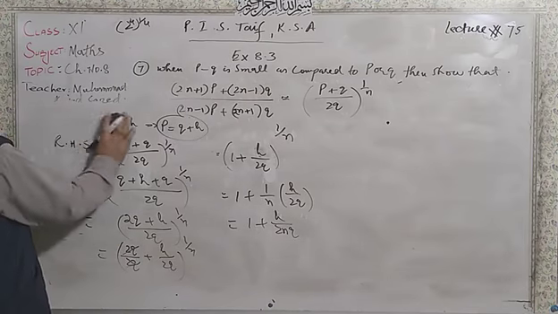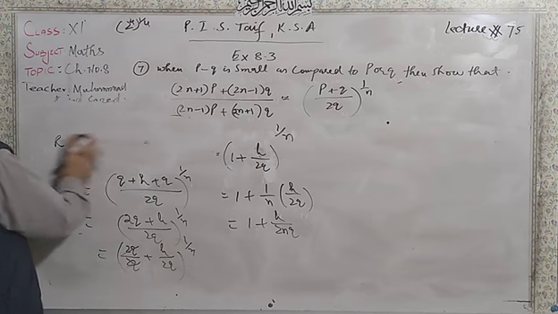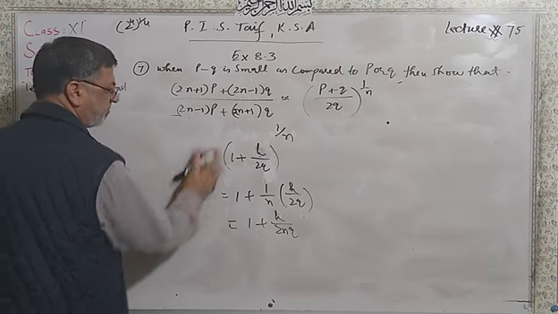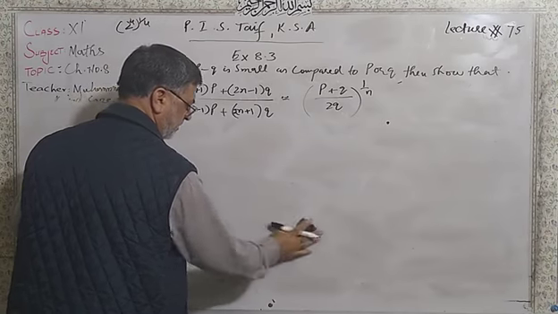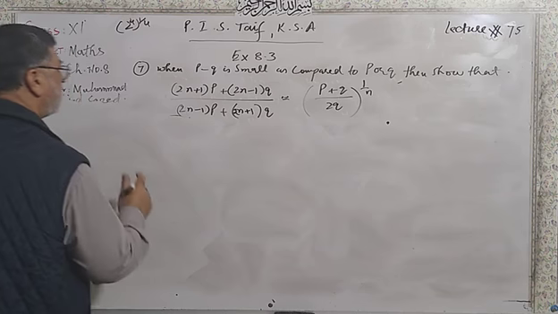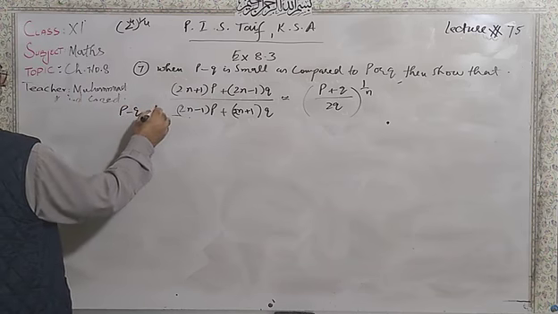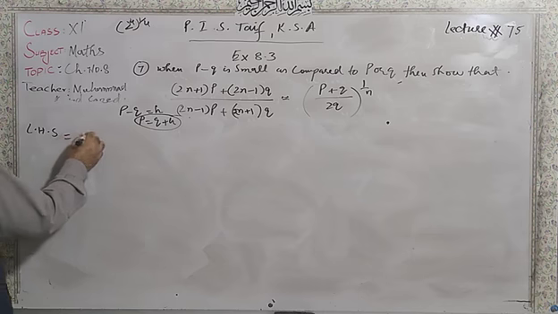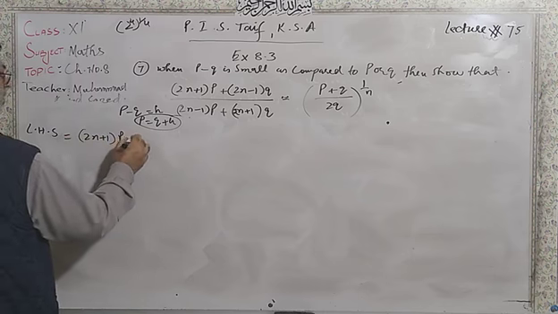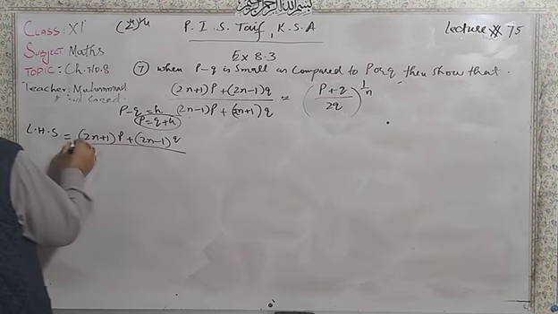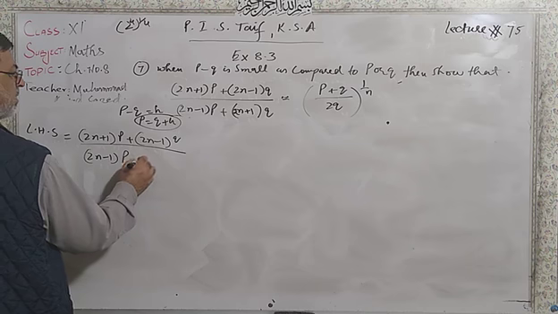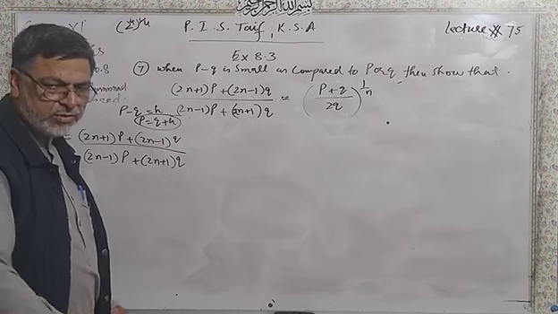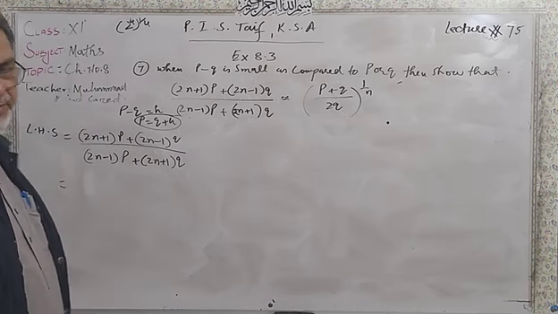Now, we will take the left hand side. P minus Q was equal to H and P is equal to Q plus H. Left hand side: (2n plus 1) into P plus (2n minus 1) into Q, over (2n minus 1) into P plus (2n plus 1) into Q. Dear students, you can apply the value.